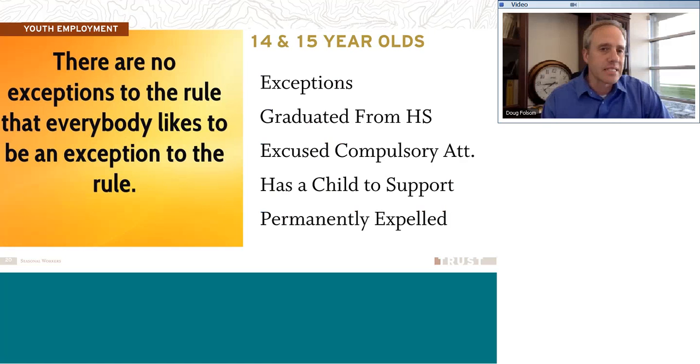If it's a child that has to support a child, then there may be some exceptions made for that person as well. Or if you have someone who's been permanently kicked out of the educational system and the court hasn't ordered them to attend some other type of school, then a lot of these rules for hours worked wouldn't apply there potentially either.